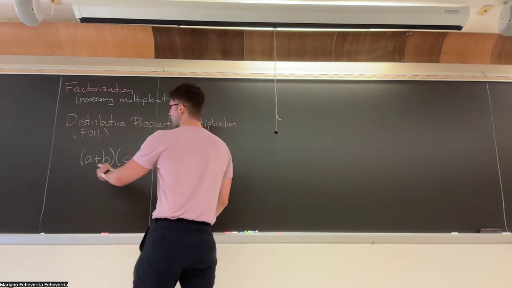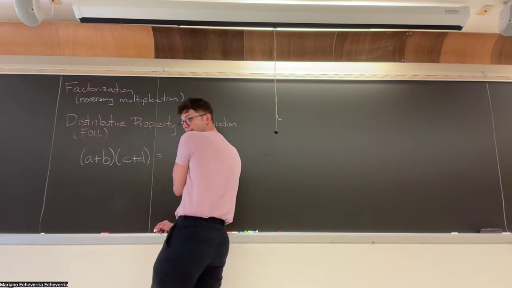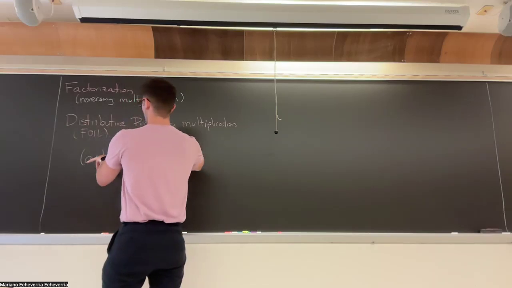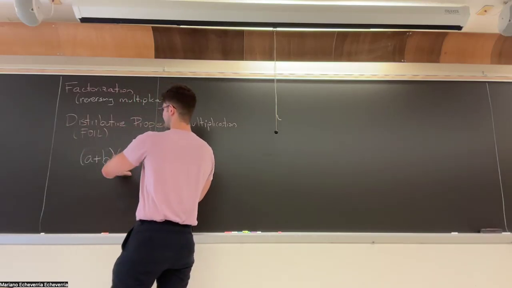When you have a product of two sums of numbers, what the distributive property says is that, well, 2 times 2 equals 4, so you'll get 4 things here. Basically what you get is all the possible products between these 4 numbers.